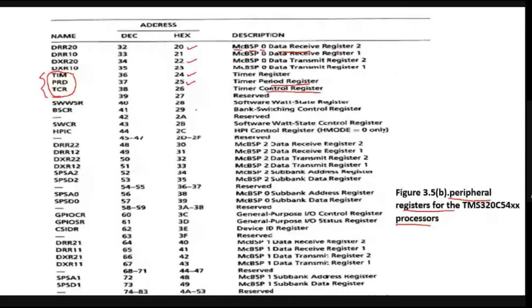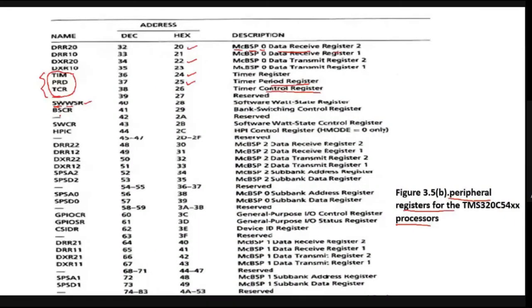And we have the software wait state register, SWWSR. SW is software, W is wait state register. BSCR is the bank switching control register. We have banks here: bank 0, bank 1, bank 2.